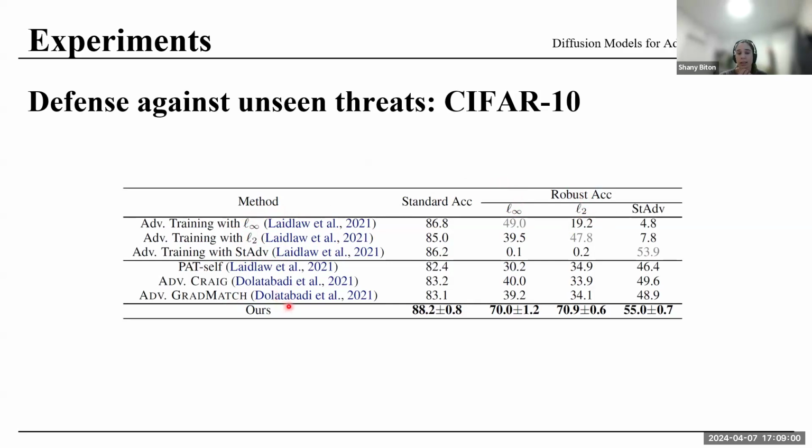We can see that first off, other models, when evaluated on unseen attacks, generalize very poorly overall. But more than that, we see that DiffPure is able to generalize well across all different attacks. And it also keeps the trend of accuracy quite steady across those different attacks.